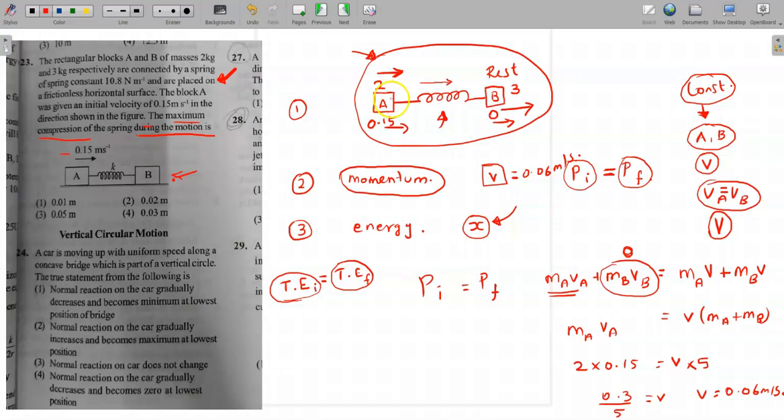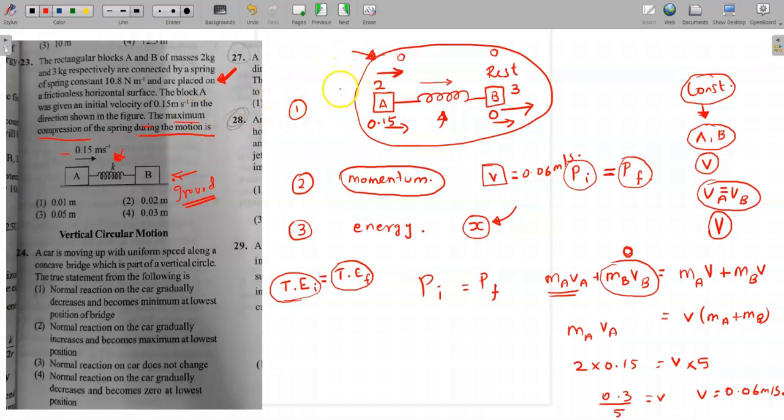The potential energy of the first object is 0, and the second object is also 0 because they are on the ground. And there is no extension or compression in the spring before the motion, so the stored energy of the spring is also 0. Only it has kinetic energy.